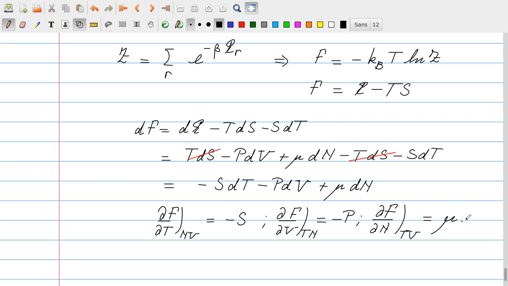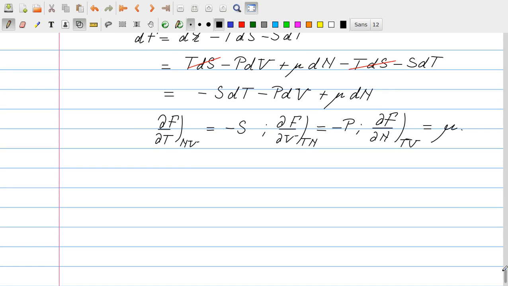So once we have Z, we have F, and from F we can calculate everything we want. So that's a general recipe for solving systems in the canonical ensemble.